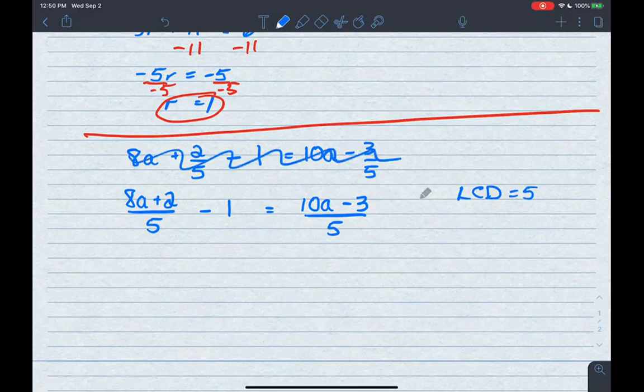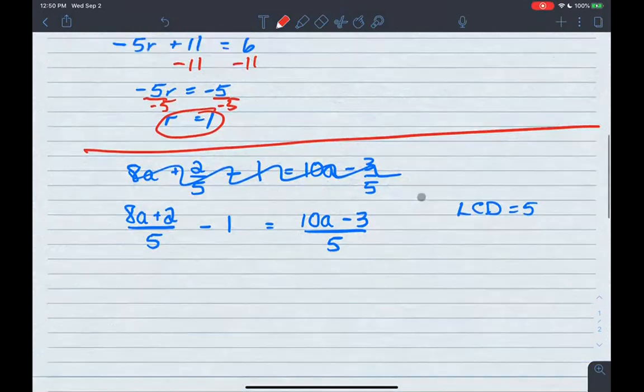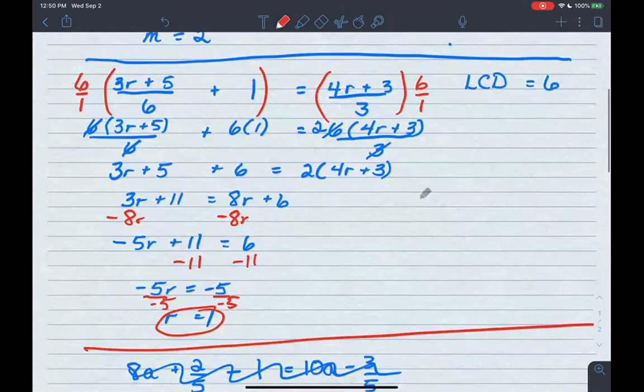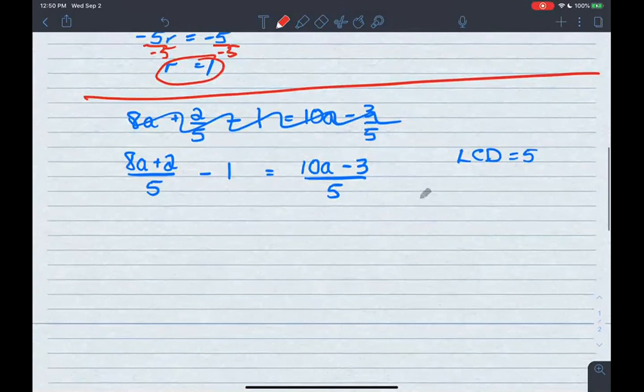We're going to multiply everything by 5. If you like to save space on your paper and keep track of things, another way to do this, remembering that earlier I wrote the 6 times everything and then wrote a 6 with each fraction, is to skip down to the next line. I've got to multiply this fraction by 5, the number 1 by 5, and this fraction by 5.